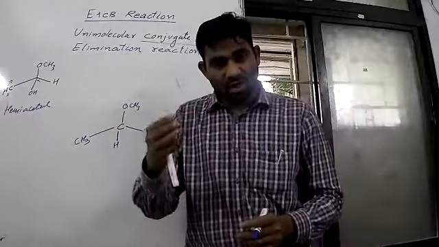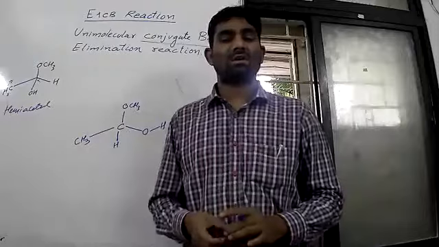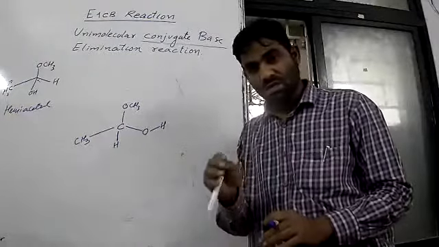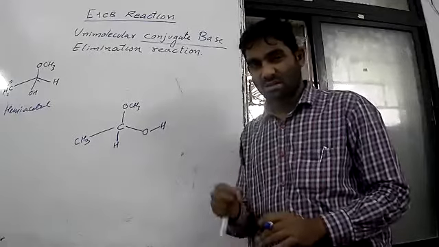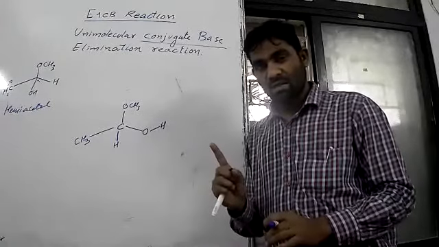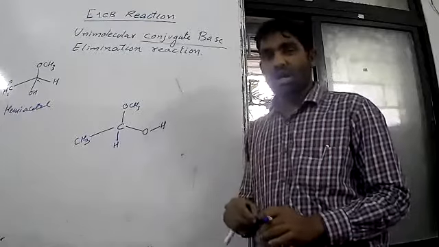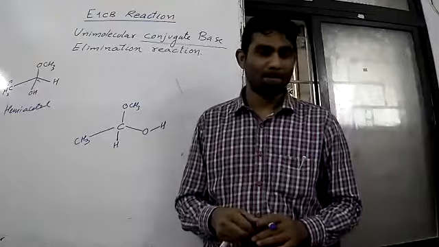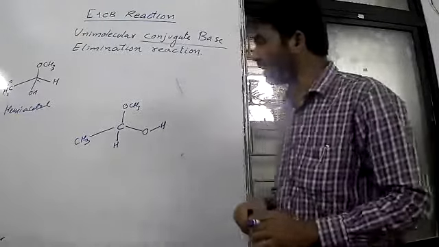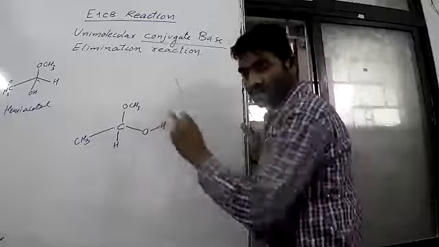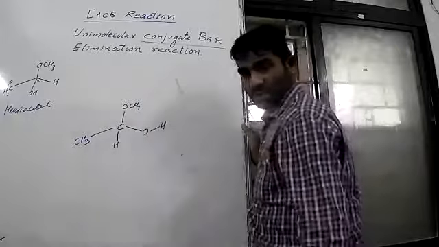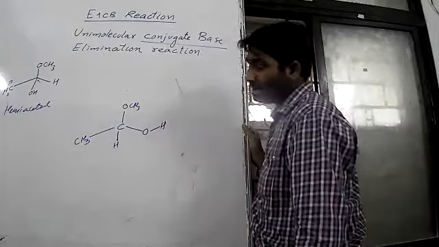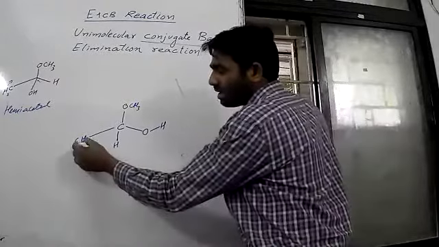Recall the two conditions which are very important for the E1cB reaction. We say that the beta carbon must contain a proton. Beta carbon must contain a proton. But here, if you look at this structure, there is no beta carbon which contains a proton.